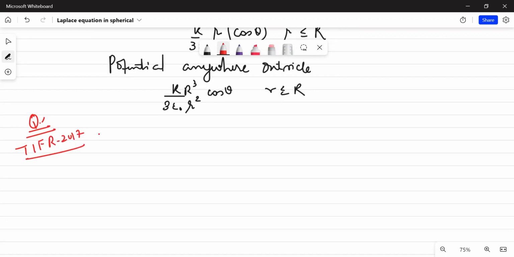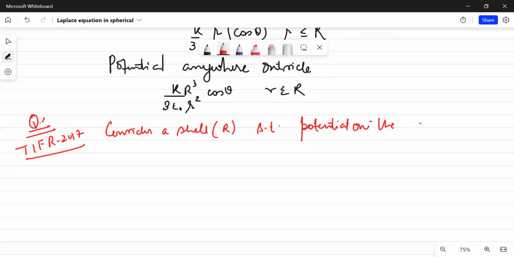Okay, and they wrote that consider a spherical shell of radius R such that potential on the surface is given by V(r, theta, phi), and this r is like r equals R. Okay, so it is given by V naught cos square theta.